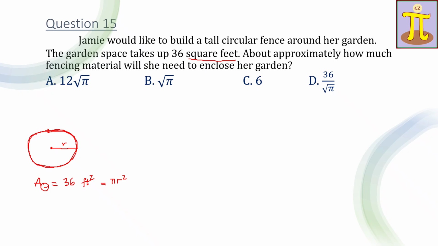So this is about the perimeter of the circle, or circumference of the circle, and the formula will be 2 pi r. So to solve for these questions, first we have to find what the radius is. Then second, we apply the formula of the circumference of a circle to find the final answer.